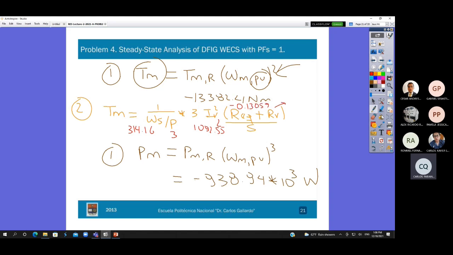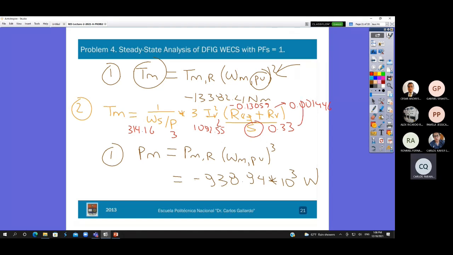The rotor resistance comes from the manufacturer, is 0.001446, and we have already computed the slip for the subsynchronous mode of operation, and this value was 0.33.